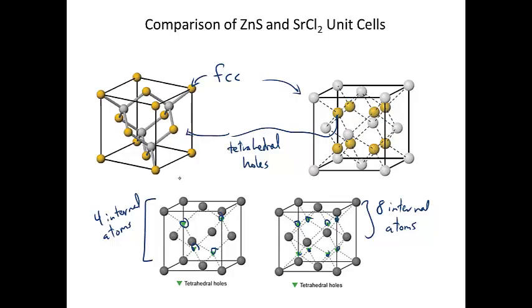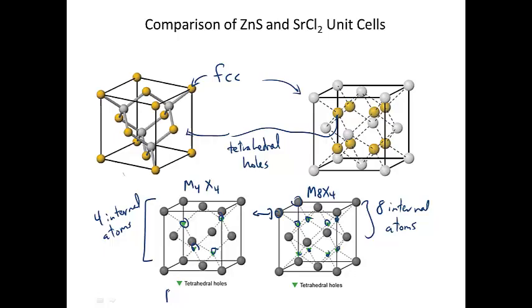So this unit cell will have the formula something on the order of M4X4. That is a salt for which there are 4 metal atoms and 4 anions. This one will have the formula something on the order of, if we count the big atoms on the outside as the anions, M8X4.